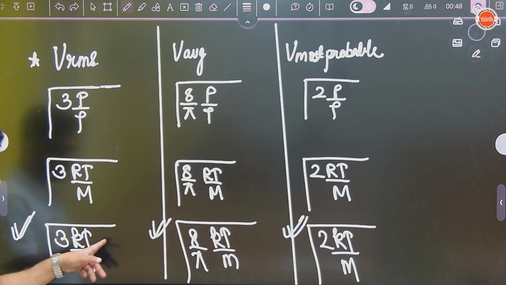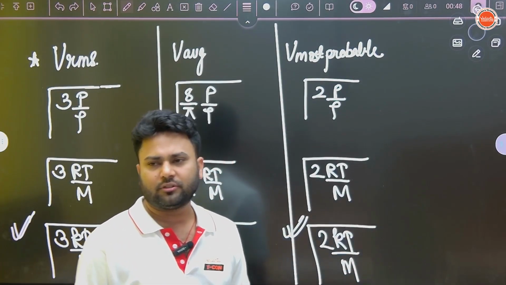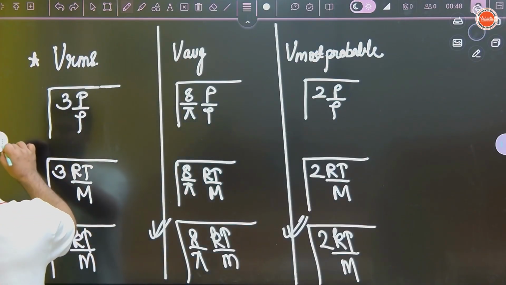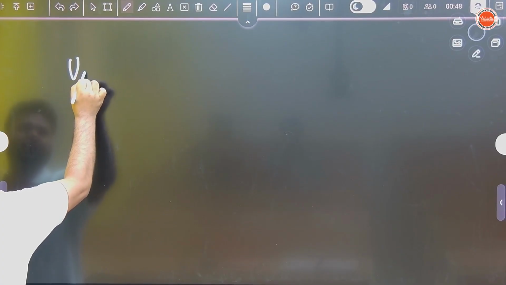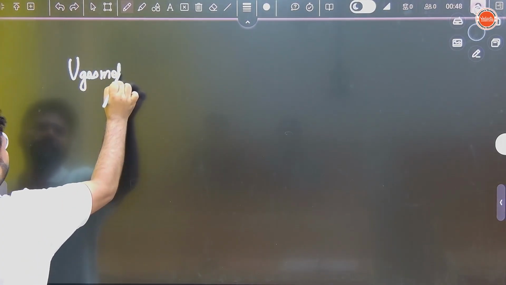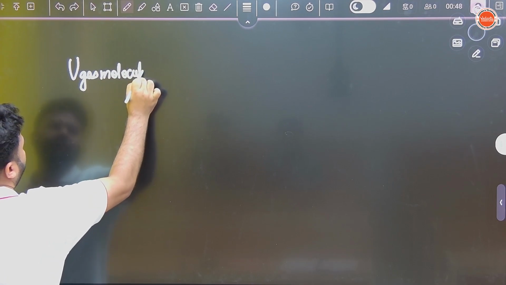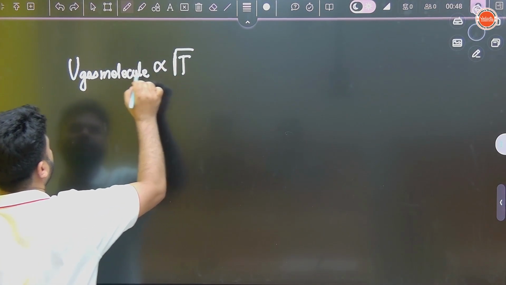Here also root of the temperature, this speed is also directly proportional to root of the temperature. So any kind of speed of gas molecule, always remember, is directly proportional to root of the temperature.